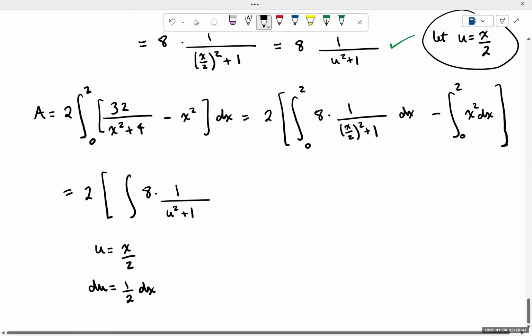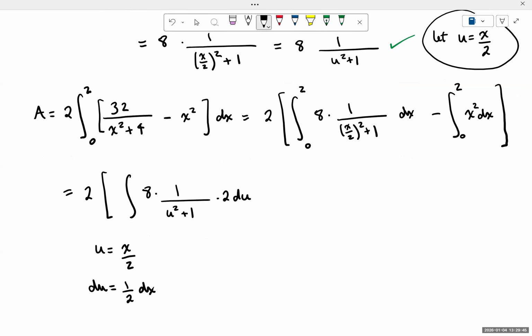So dx is going to be 2 du. So I'm going to get a 2 du here. And then when x equals 0, u equals 0. So that's 0. And then when x equals 2, u equals 1. So that's 1. All right. And then this guy is going to go over, sit here, go along for the ride.